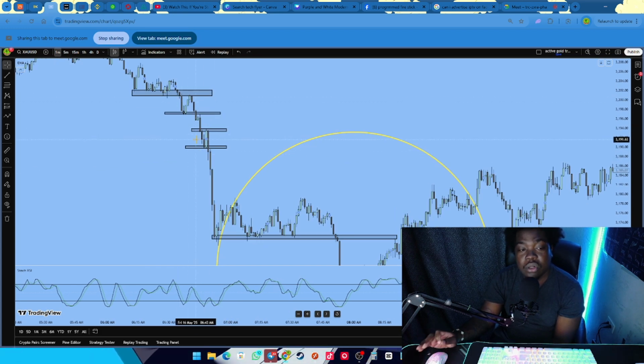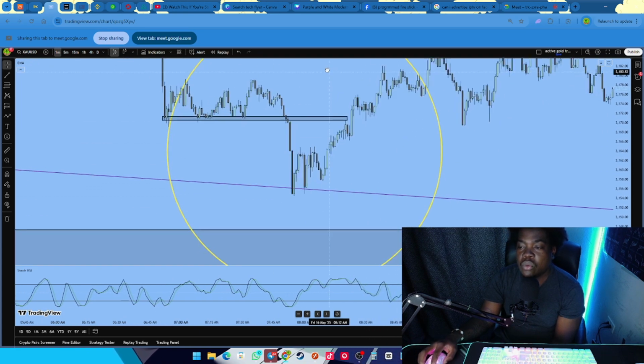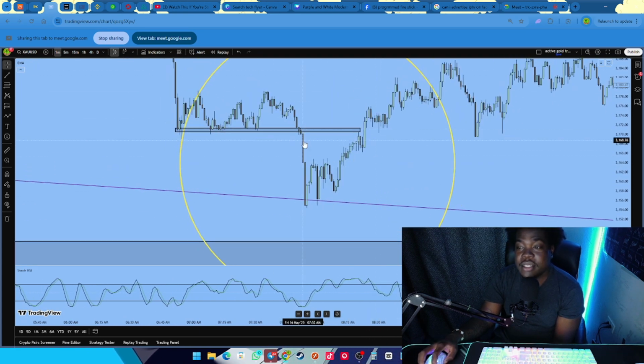It's going lower. The market came to this area here, right? And it reacted off the line. So you get a little pullback here. No problem. Now remember, when the market pulls back and it's going lower, what does it do? Somebody answer me what the market would do if it's going lower.